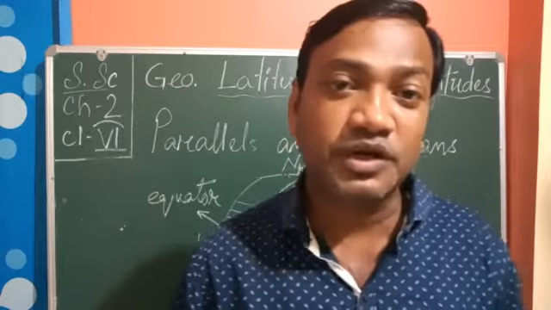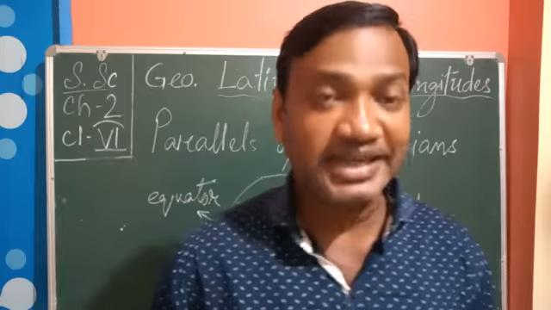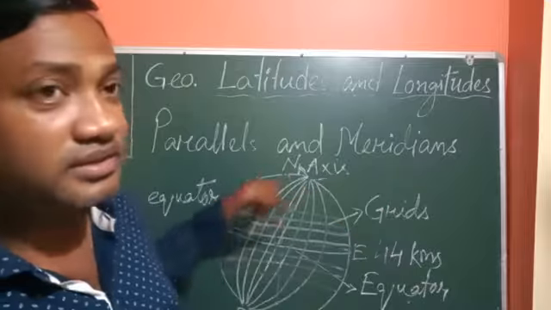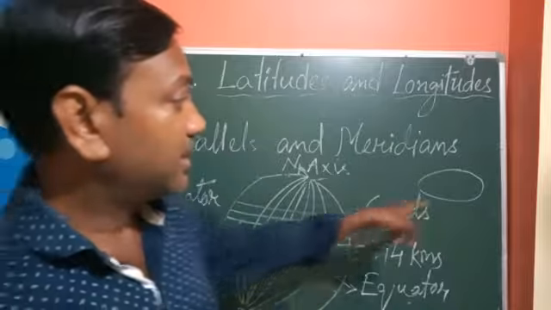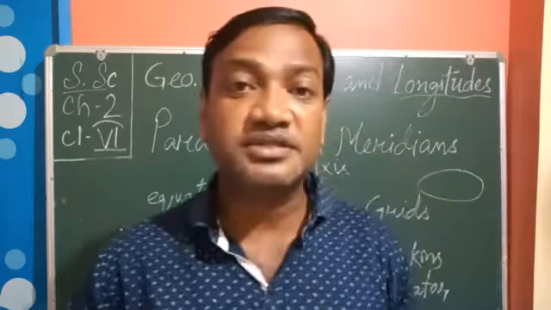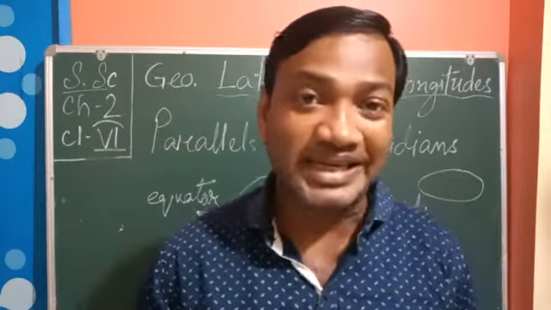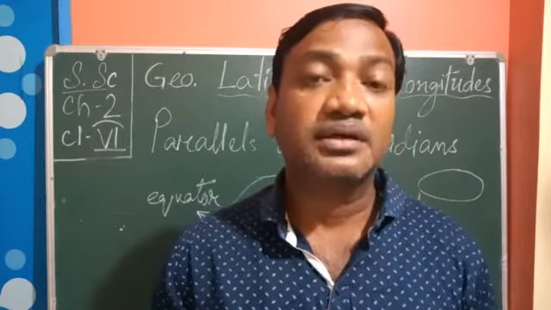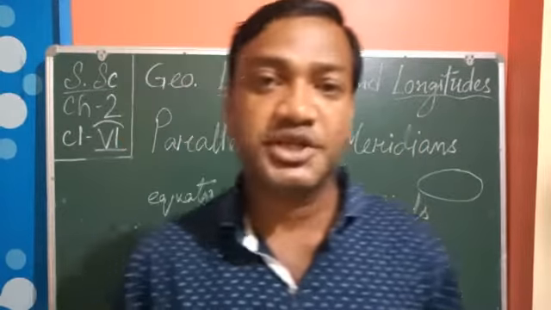Like time only, here we find there are 360 degrees in one complete circle around the earth. So 360 degrees, 60 minutes in 1 degree, and 60 seconds in a minute. These things are very important. You should keep them in your mind because they will help you in the further discussion.